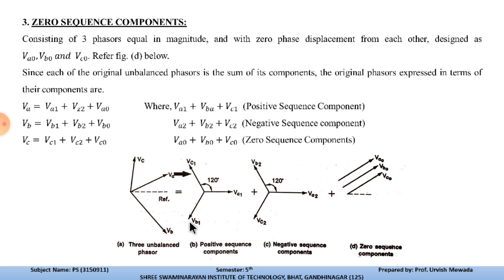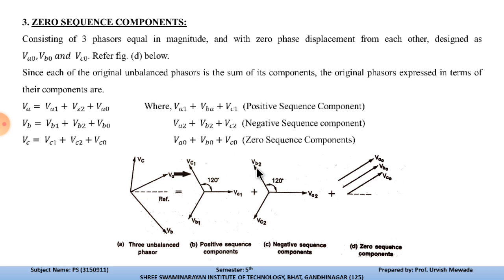Now if we consider the negative sequence, then VC1 will change its position, 120 degrees from each other. So VB1 will be over here and VC1 will change over here. So this is the interchanging of the phases.